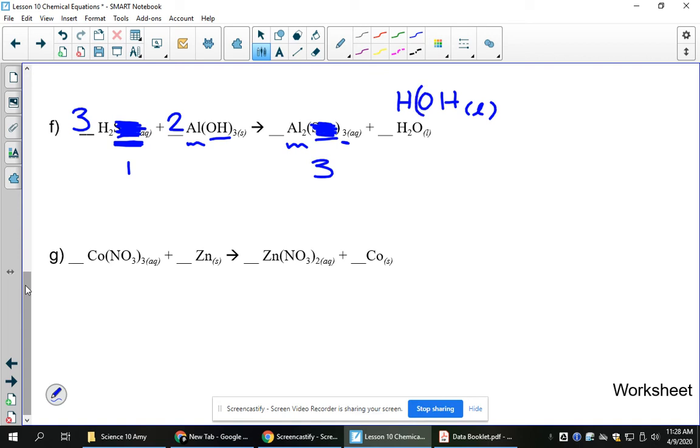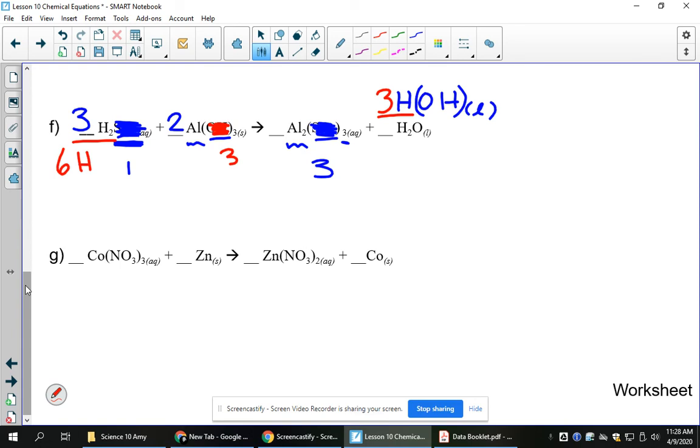This helps you see that there's 1 hydrogen and 1 hydroxide. So like we see hydroxide over here having 3, we can actually make 3 hydroxides over here. Then we can see if we've got a balance of hydrogens. So hydrogen, well, there's 6 over here, so that's not going to work.